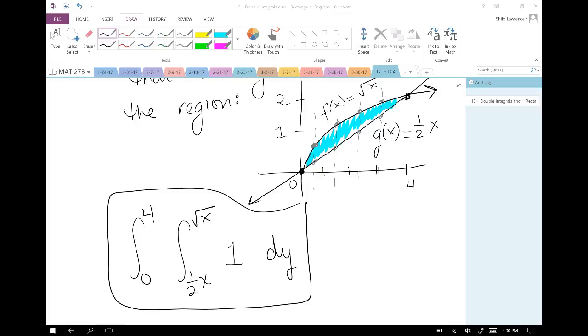Now to turn this into a volume, this could be the base of some volume where we had a surface coming up and making some three-dimensional region where this is just the shape of the base. And then we could put a height function in instead of the 1 and calculate the volume.